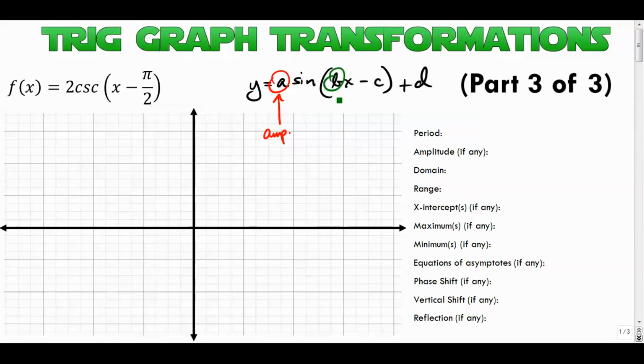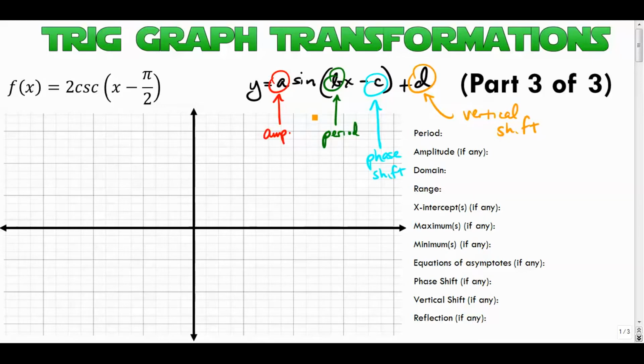This b value changes the period of the graph. This c value changes the horizontal shift or the phase shift of the graph. And this d value is going to change the vertical shift or the vertical translation of the graph, right? And if you're looking for more detail on exactly how those things work, go back and start with part 1.